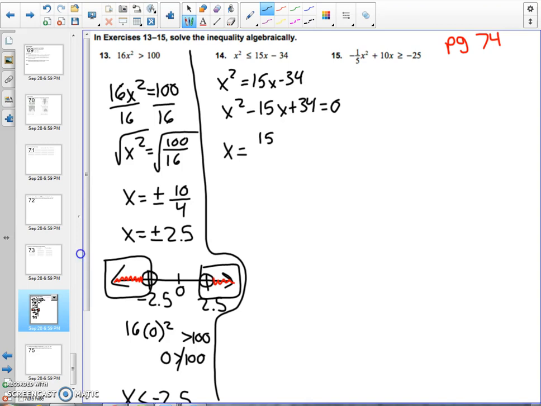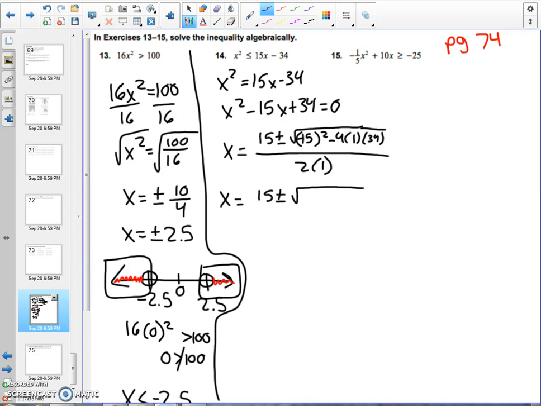So opposite of b plus or minus the square root of b squared minus 4ac, all over 2a. So I would have, simplifying under that radical, 15 squared is 225. 4 times 34 is 136, all over 2.